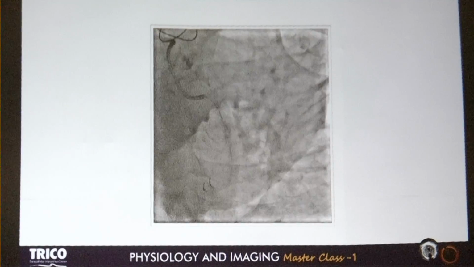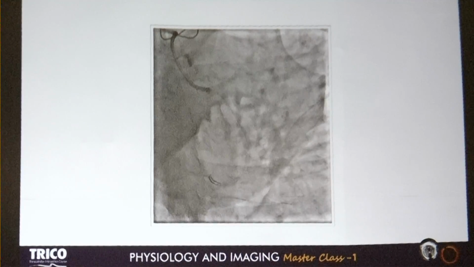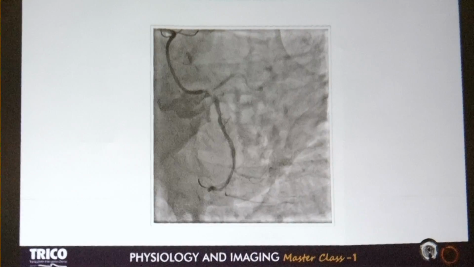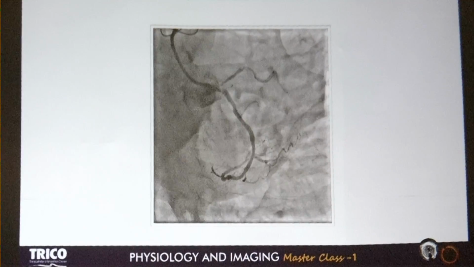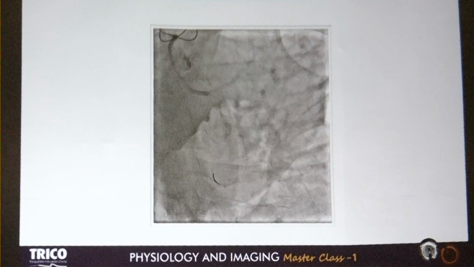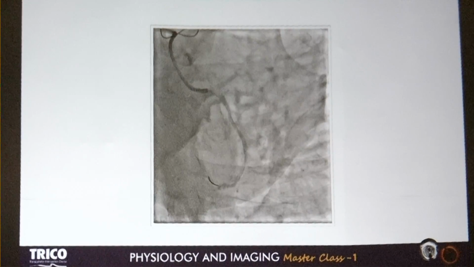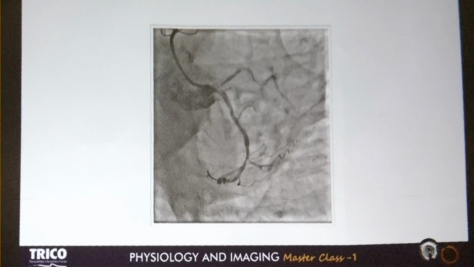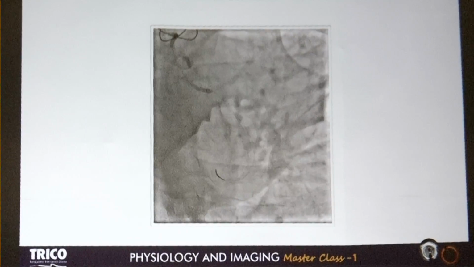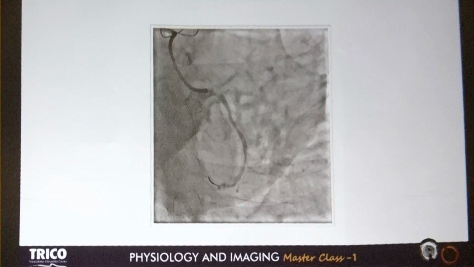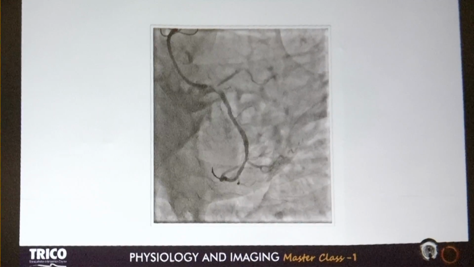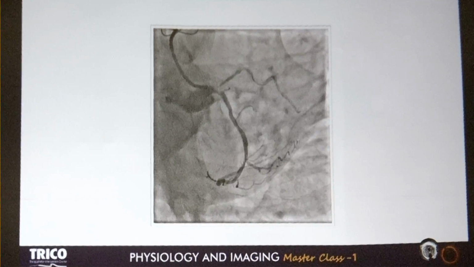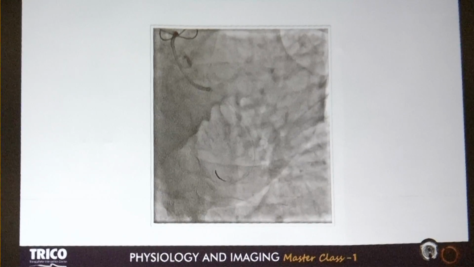Looking at this, what comes to your mind? It's a calcific nodule. Yes, this angiographic appearance should make you suspect a calcific nodule. It's a chronic problem, a post-bypass case presenting like this after so many years. The OM graft is occluded, this is tight, and the angina is because of this.